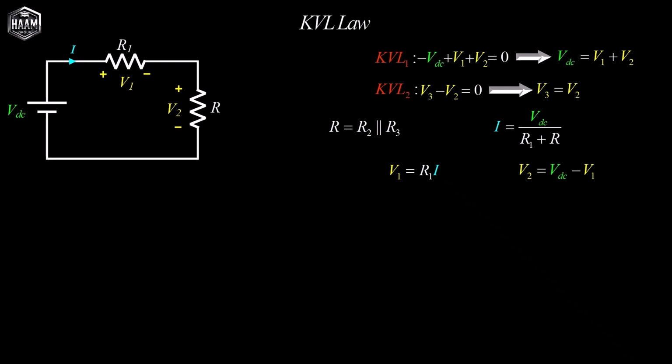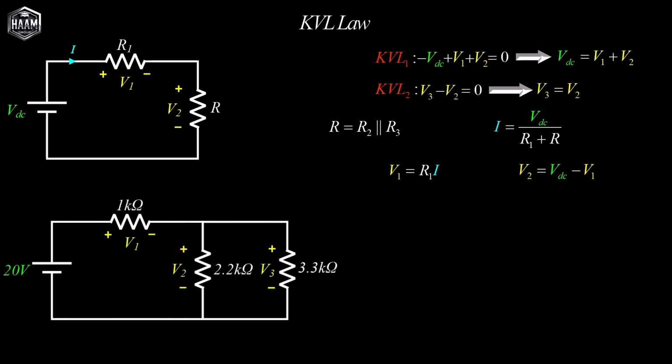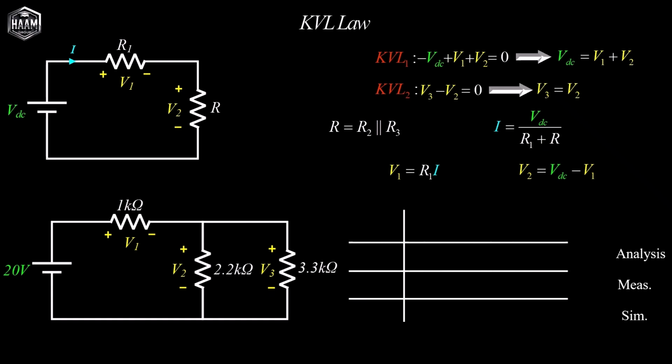Now, to verify KVL experimentally, we build this circuit practically and select a 20-volt battery with R1 equals 1 kilo, R2 equals 2.2 kilo, and R3 equals 3.3 kilo.